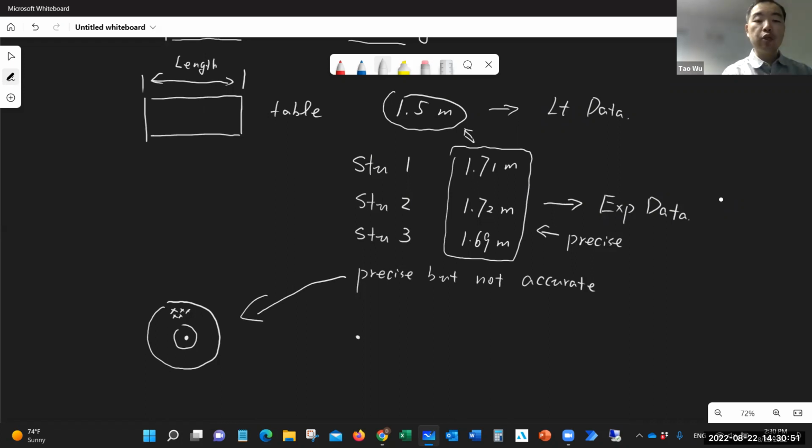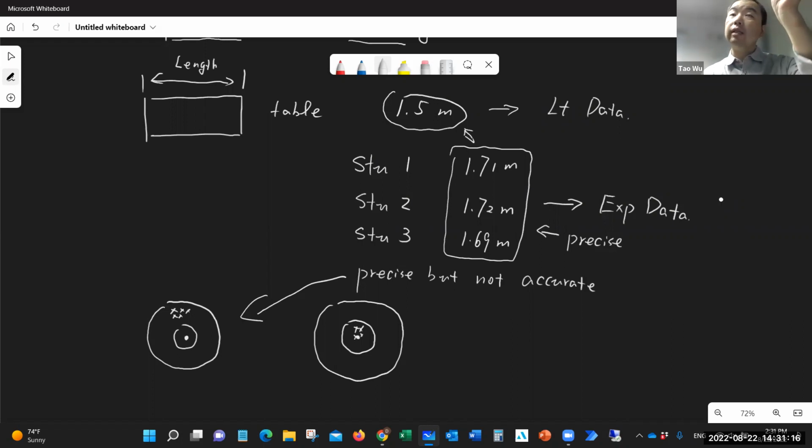Can you imagine that? What is precise and accurate? That means you're going to have data probably like this, right? You have a group of data that are close to each other, which means it's precise, and also close to the target, which means it's accurate.